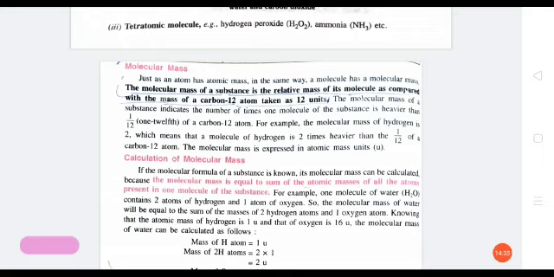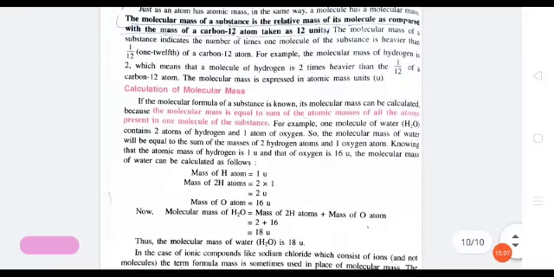Here, the same as we did in atomic mass, we have to compare with our standard unit, that is the carbon-12 atom, in the case of atomic mass and also in the case of molecular mass. The standard unit value is the carbon-12 atom.